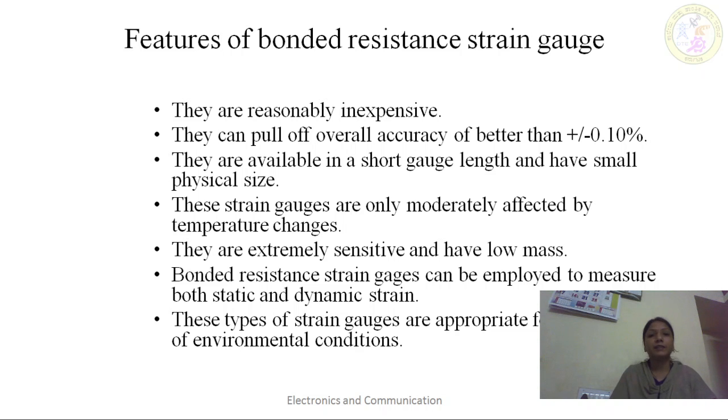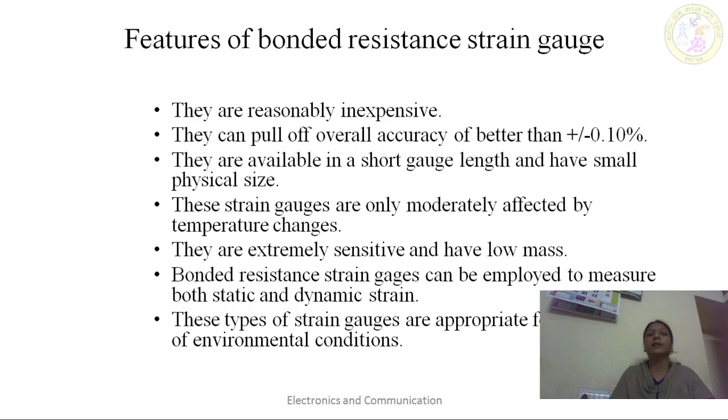These strain gauges are only moderately affected by temperature changes. They are extremely sensitive and have low mass. Bonded resistance strain gauges can be employed to measure both static and dynamic strain. These types of strain gauges are appropriate for a wide variety of environmental conditions.